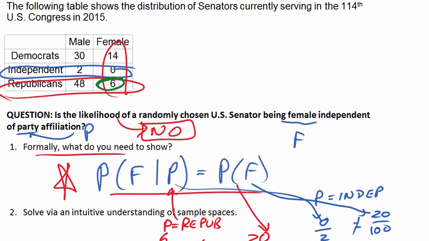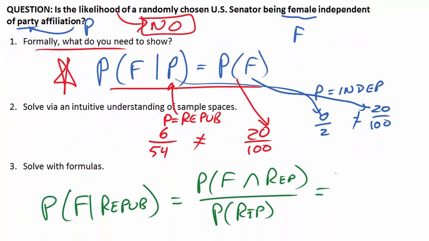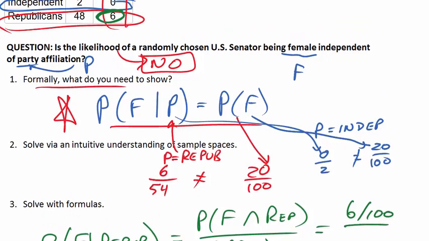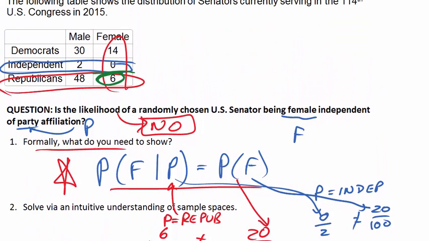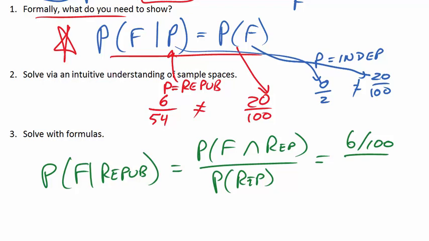Well, there are 6 of those out of the entire U.S. Senate, so that's 6 out of 100. What is the probability of being Republican? Well, there are currently 54 Republicans out of the entire Senate, so 54 out of 100, which, if you eliminate the common denominators in both the top and the bottom of the probability fraction, reduces down to 6 out of 54, which is exactly the response that we got when we were looking at it as a restricted sample space.